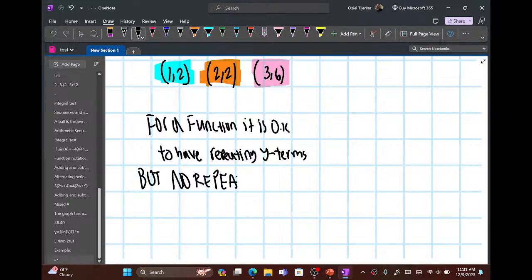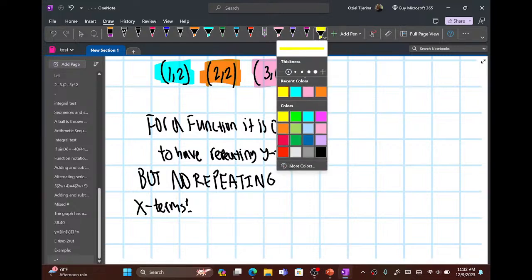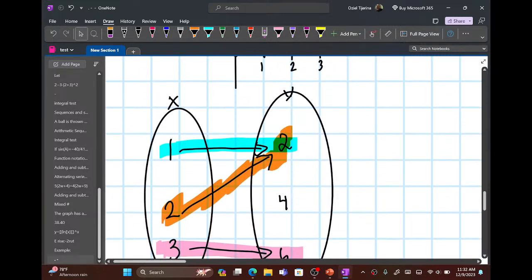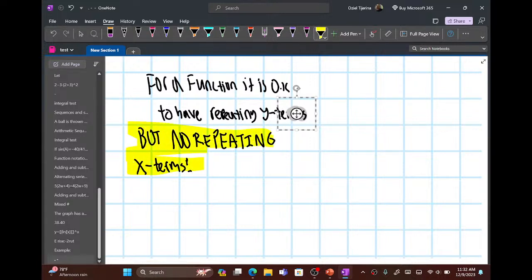Again, to know whether it is a function, we do not want repeating x terms. I really emphasize that, guys, because if there are repeating x terms, it is not a function. It will not be a function if that happens. So no repeating x terms.